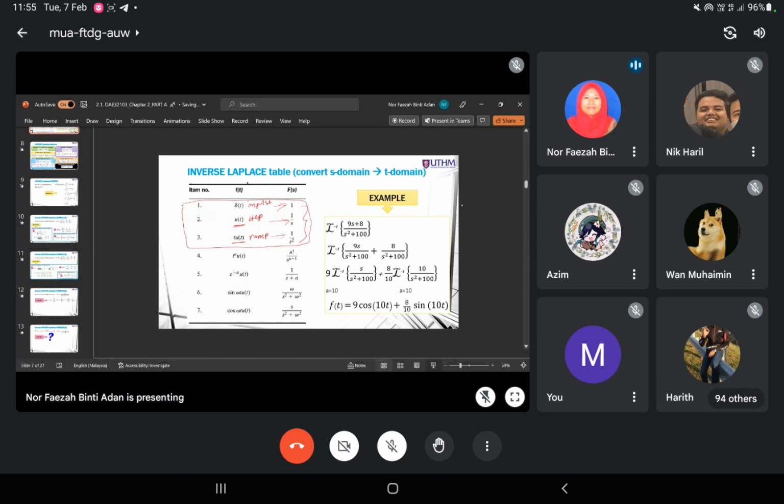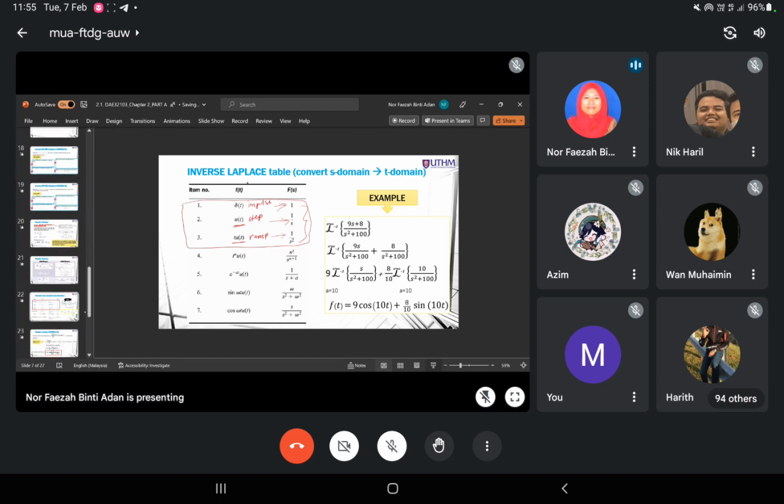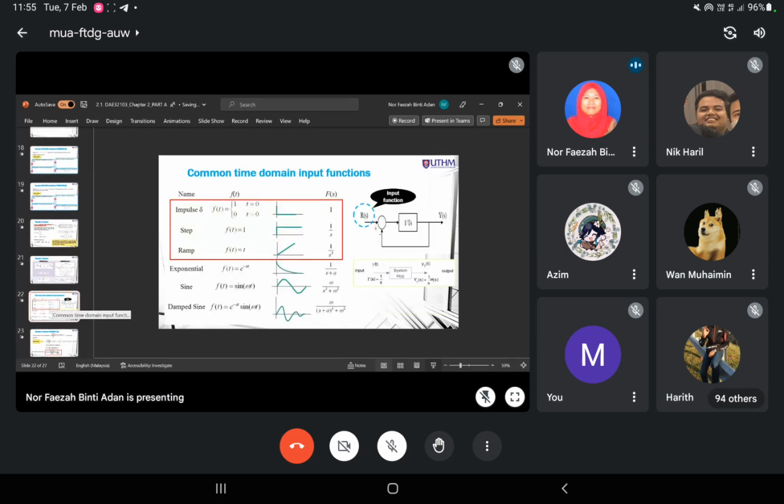These three are the common inputs that we use in our simulation. Going back to the equations, here are the input functions. There are many more besides these three.